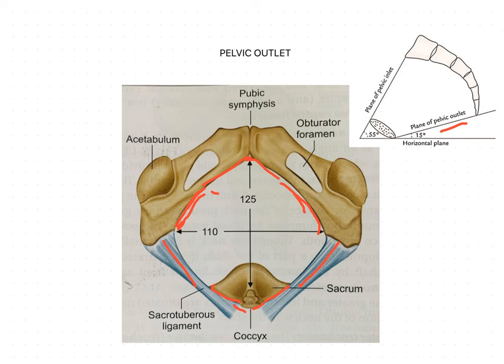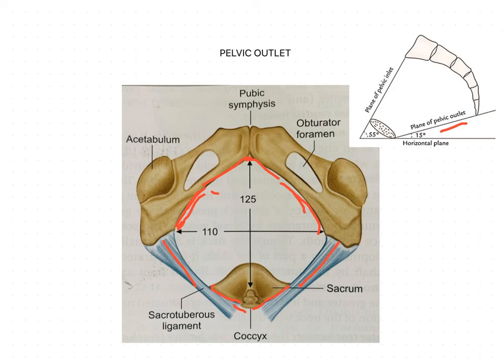Now in this we can see the diameters. Again there is the AP diameter, the transverse diameter, and the oblique diameter. The first one is the AP diameter.